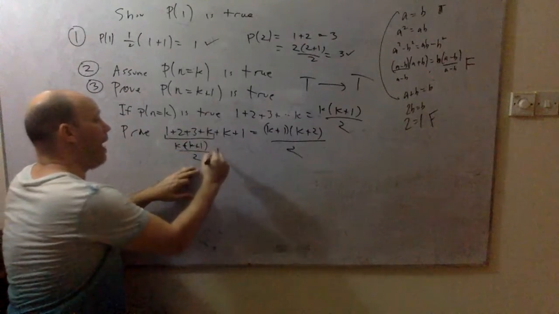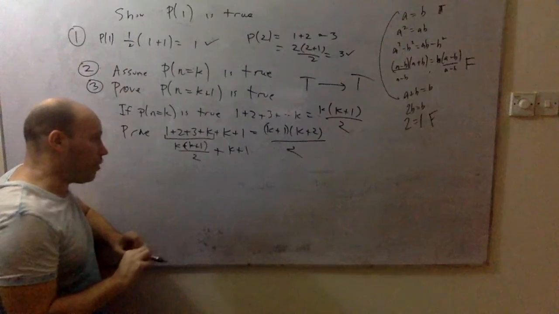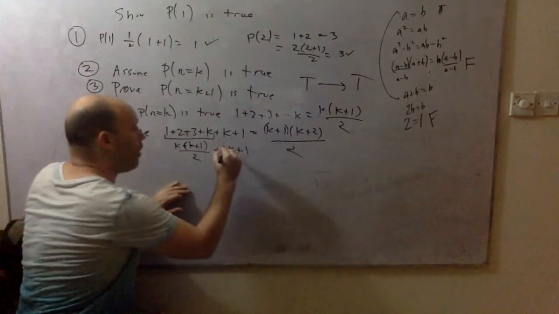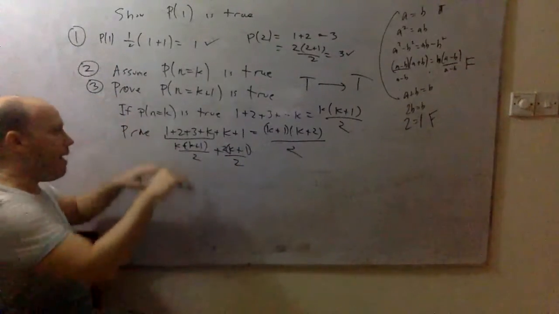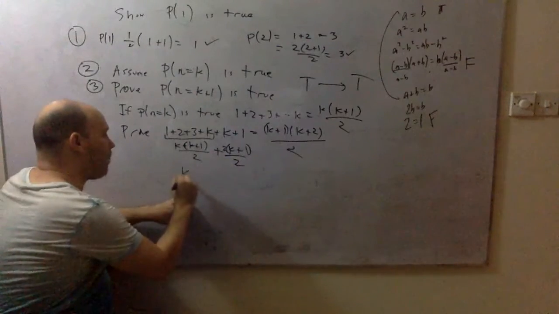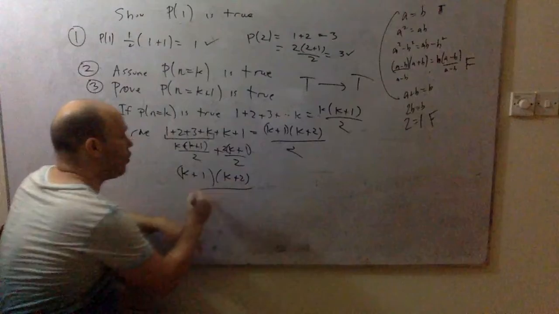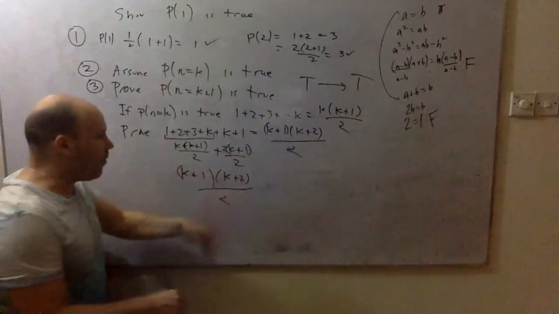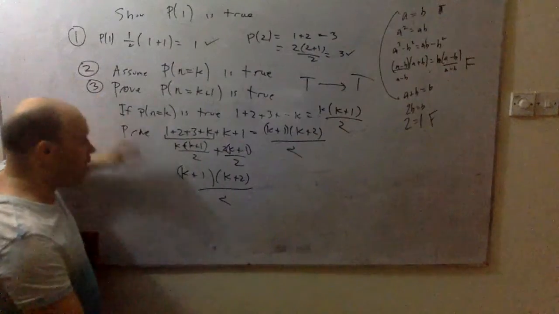And I'm going to add that to k plus 1. Fine. Next, to add fractions, I'm going to have to multiply the top and the bottom by 2. Fine. Next, I'm going to factor out a k plus 1, leaving me with k plus 2 over 2. And I've just proven it, because I made the left side look like the right side by using my assumption.